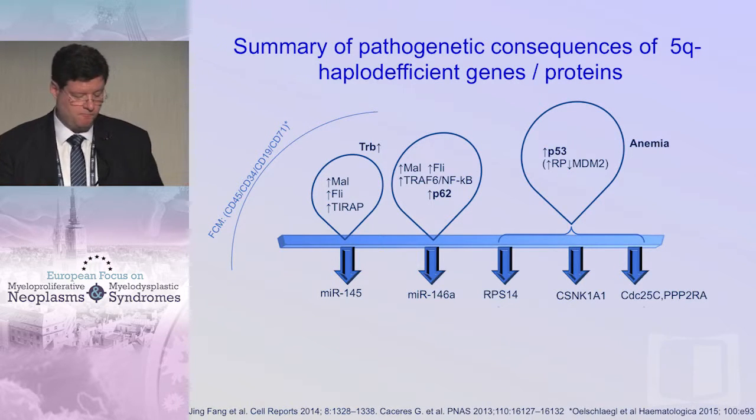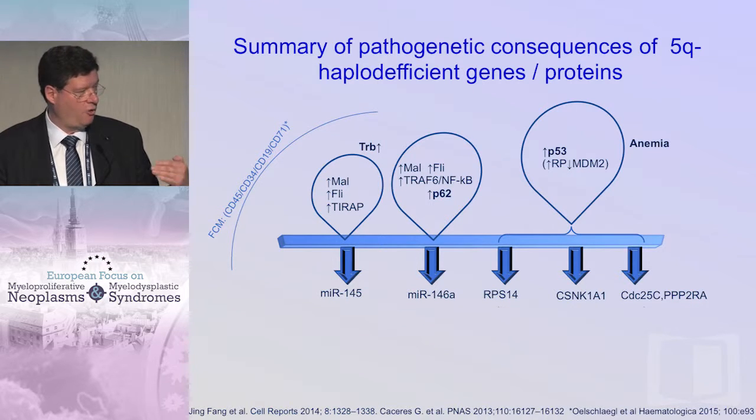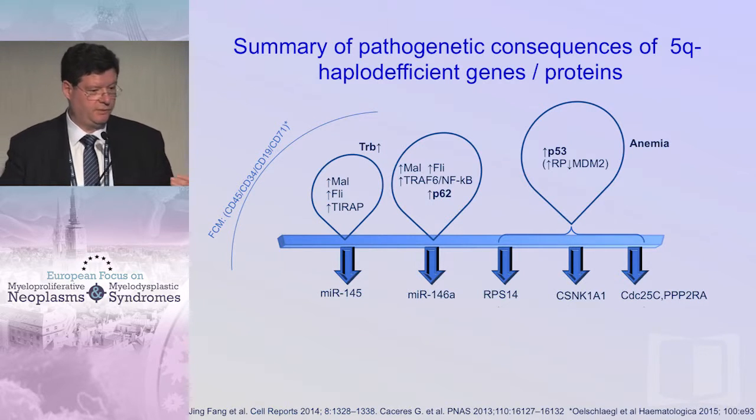And before the end, I tried to summarize the effect of haploinsufficiency of the critical genes on 5q on the activation of many other genes and molecules that are responsible for the 5q minus phenotype.